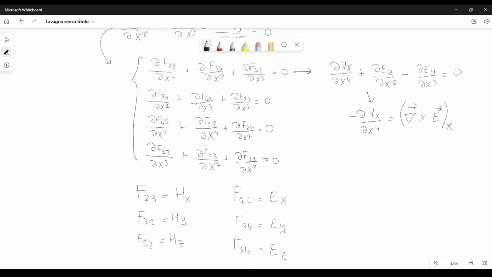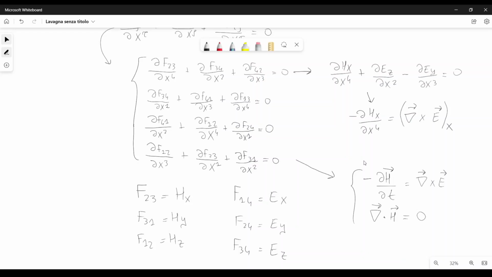So with this definition, you can find that these equations can be written like this. If we use the usual three-dimensional vectors, we have minus the vector h with respect to time equal to the curl of the electric field, and also the divergence of the vector h is equal to 0.